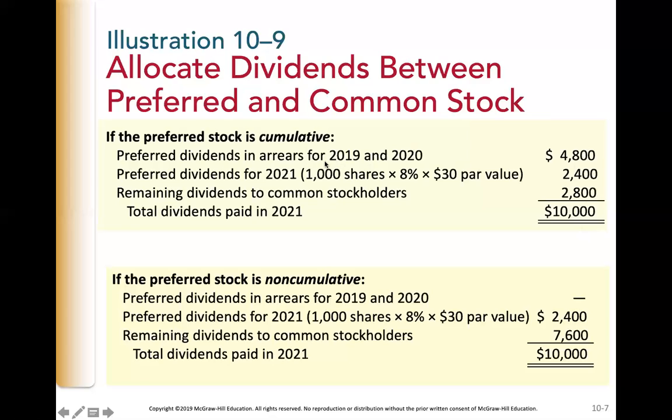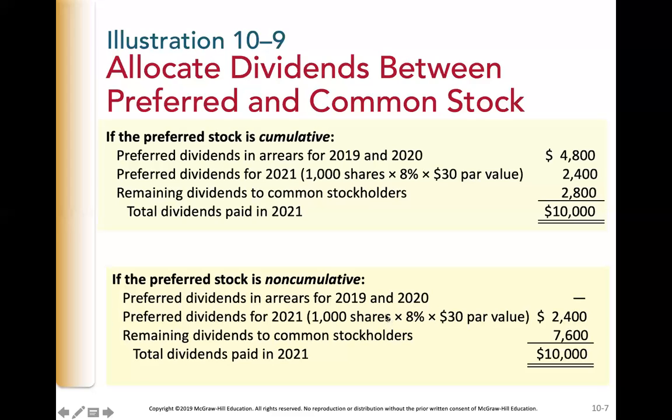They're entitled to an amount every year, whether a dividend is declared or not. When a dividend is finally declared, they have to catch up and pay everything that has been accumulating since the last dividend. If preferred stock is non-cumulative, we don't care about the 2 years it wasn't paid. If it's non-cumulative, we're not paying dividends in arrears.